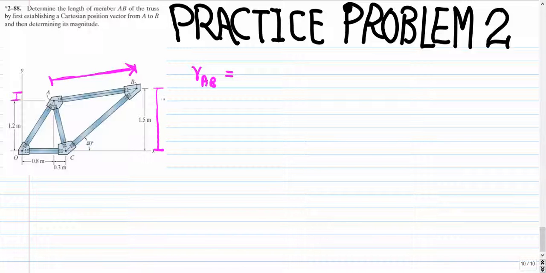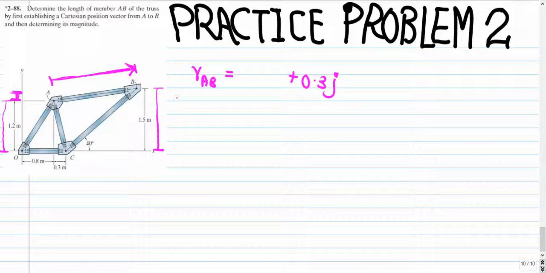If we subtract 1.2 from 1.5, we get this remaining length, which is the y component of the length vector AB. And so we can easily see that the y component of length for this vector is 0.3 in the positive direction, so it's going to be 0.3j.